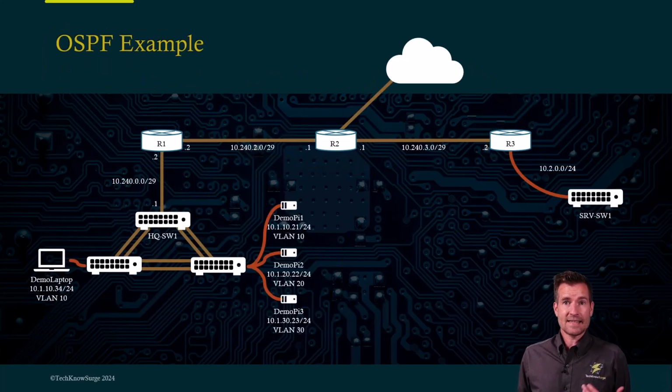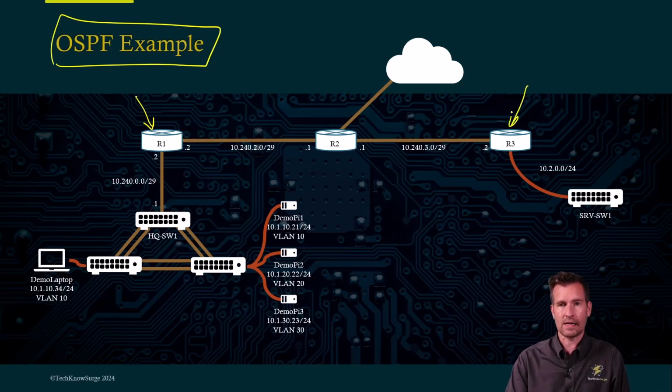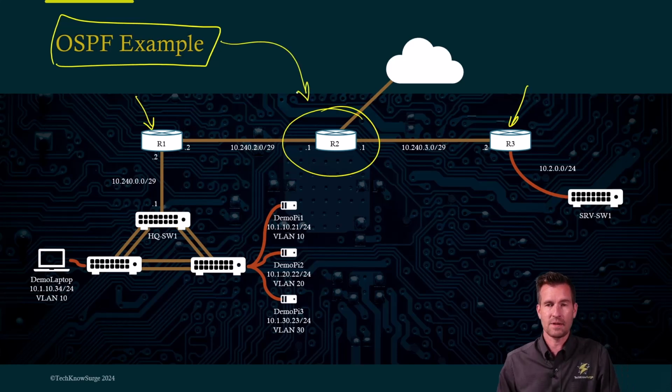Let's take a look at an example of where we might use tunneling. An example might be if we were using OSPF and we had it running on router 1 and router 3. But perhaps we don't have control over router 2, nor do we really want it to participate in our OSPF process. Perhaps the reason is that it's owned by the internet service provider, or perhaps it's representing a whole network of routers.